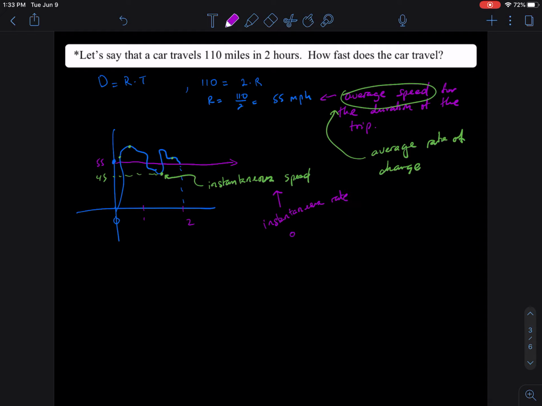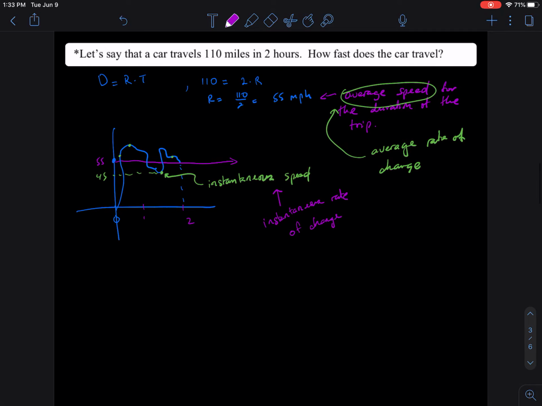There are two rates of change. One is the average, which is what we've mostly known, and the other is the instantaneous rate of change. This happens at any moment in time, and while you're driving a car, you look at your speedometer and it tells you exactly how fast you're going.